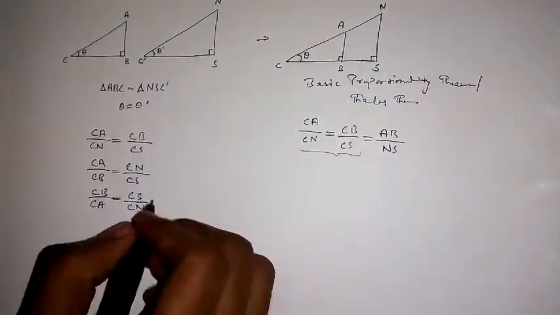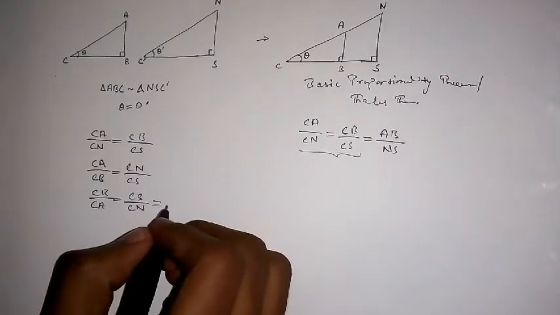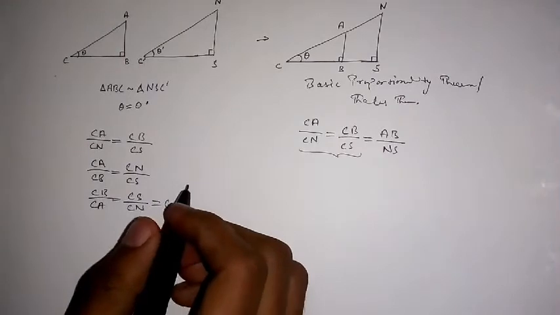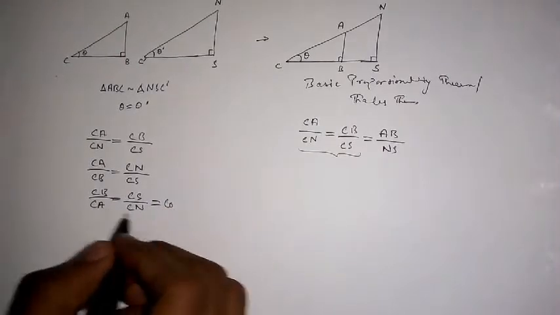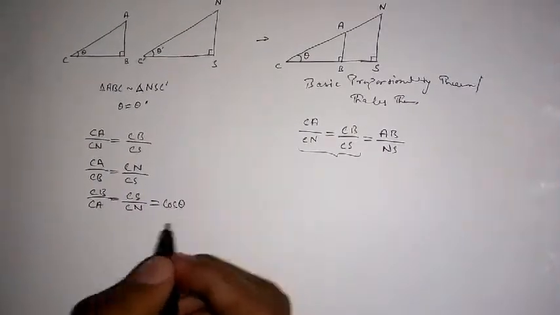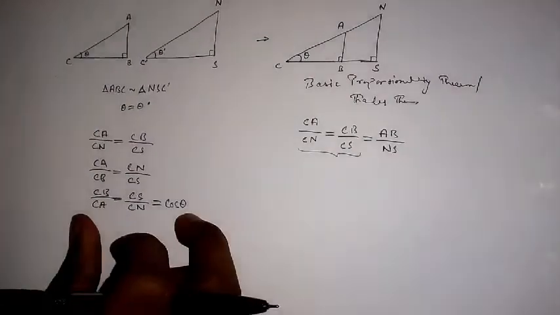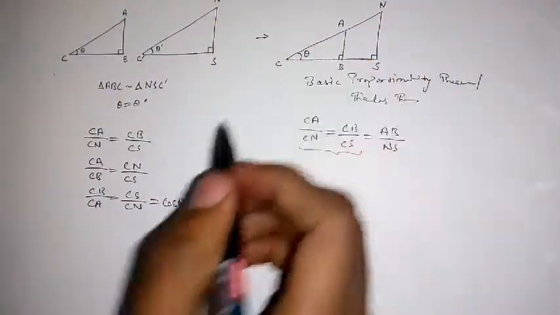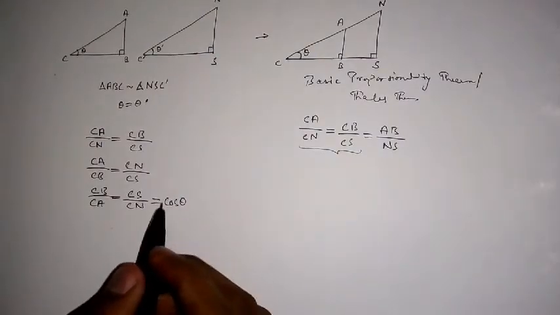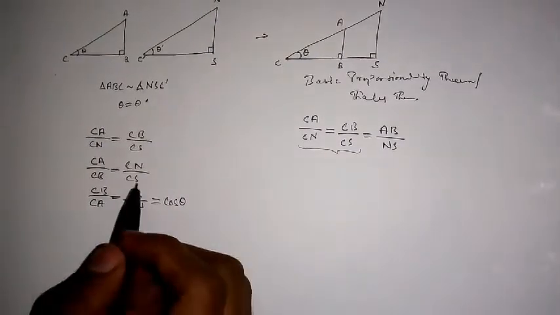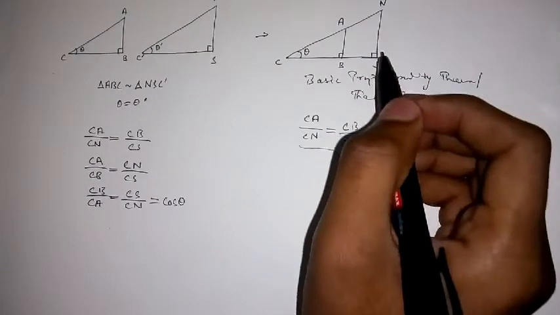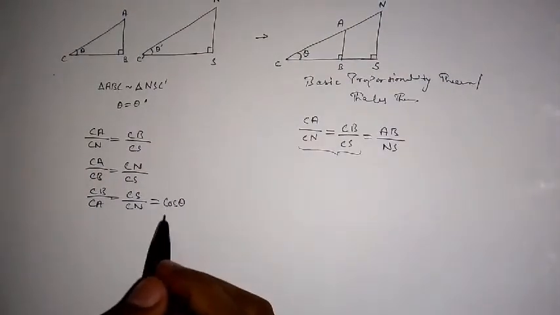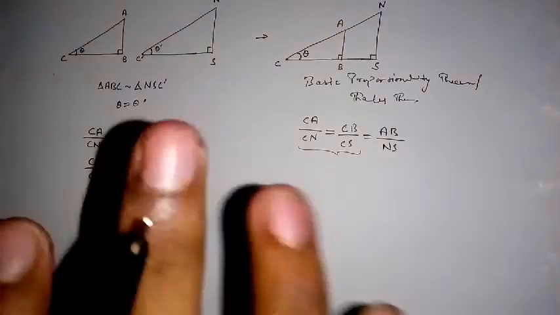So you'll notice that both are equal to cos theta. For the smaller triangle the trigonometric ratio is cosine of angle theta, and for the greater triangle, triangle NSC, the trigonometric ratio is again cosine of angle theta.